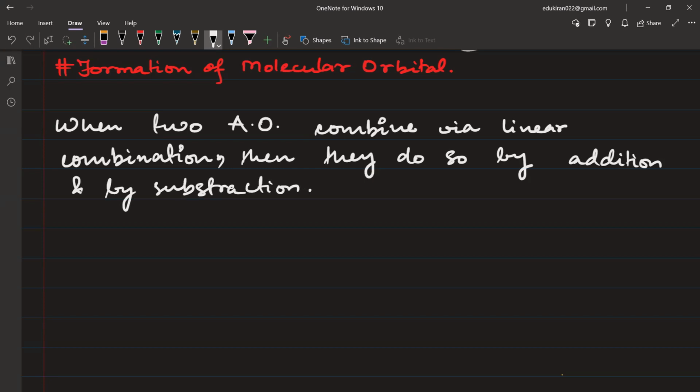Okay, addition and subtraction. Subtraction of what? Of wave functions of atomic orbitals.